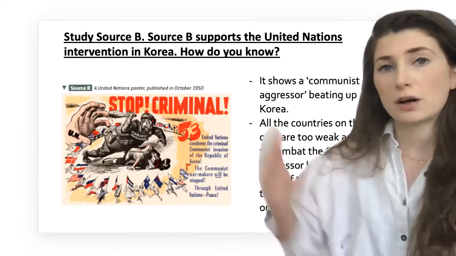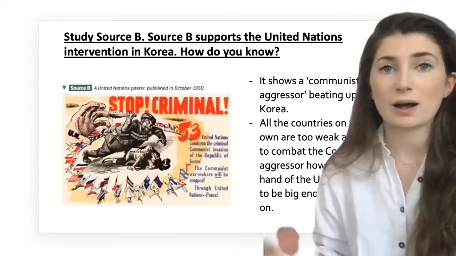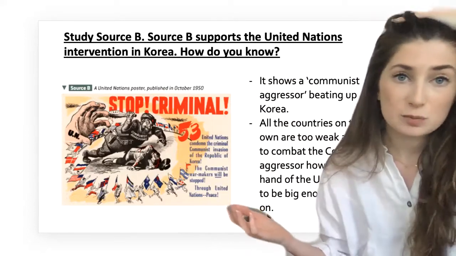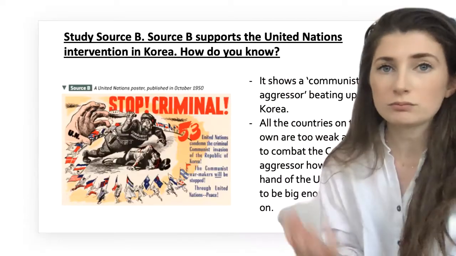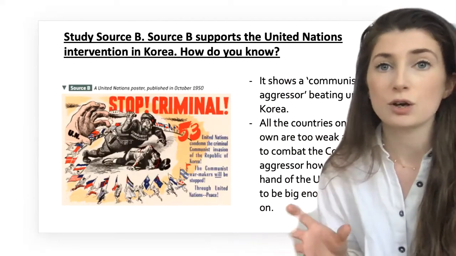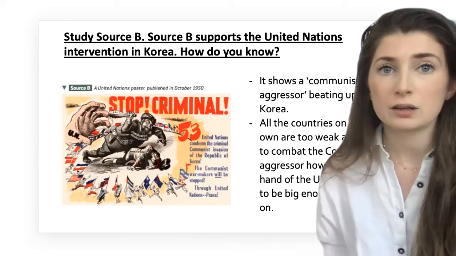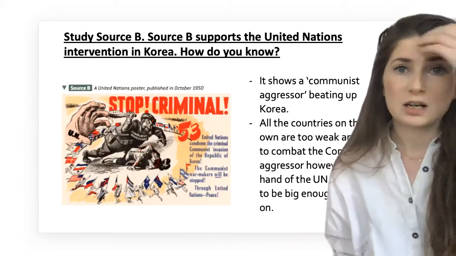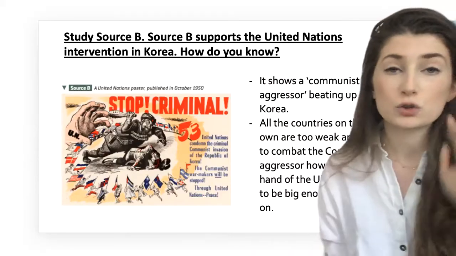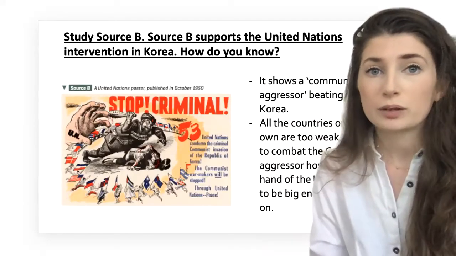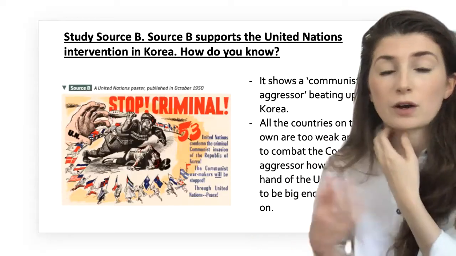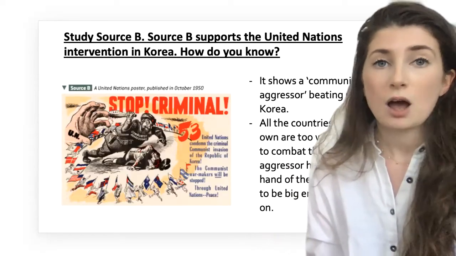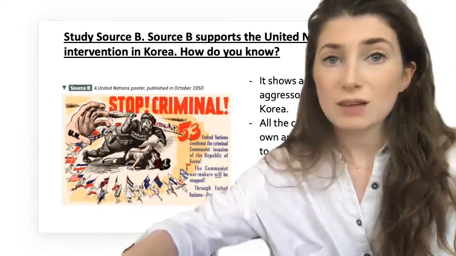So the idea of the communist aggressor, you can talk about how communism has spread all over the world by this point, and is much more dominant, the Chinese Revolution, much more powerful than just Korea on its own. And for the second point, the UN, you could put the idea that these countries had to join defensive alliances, for example NATO, because they don't have the strength or the finances on their own to combat the USSR. So that's really it.